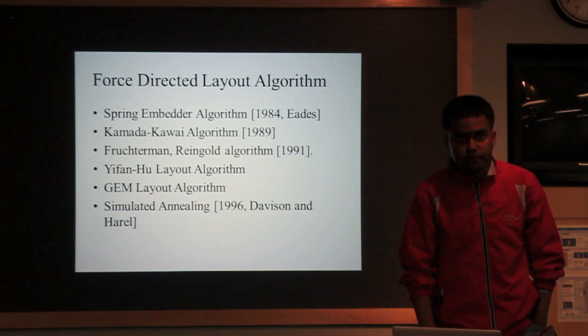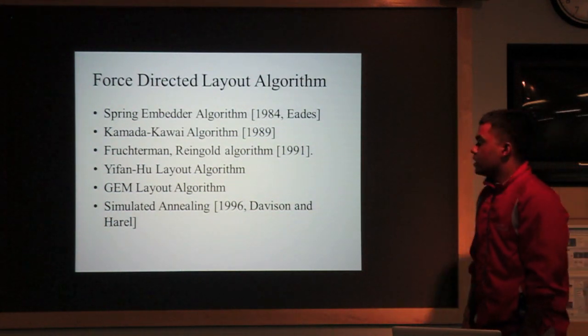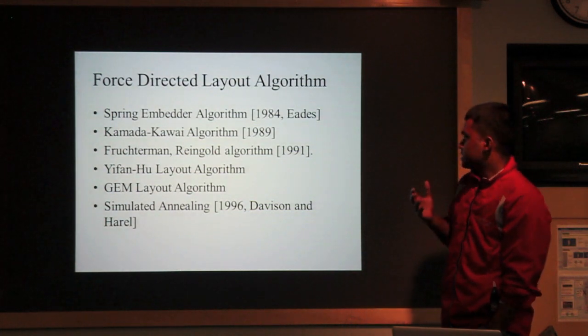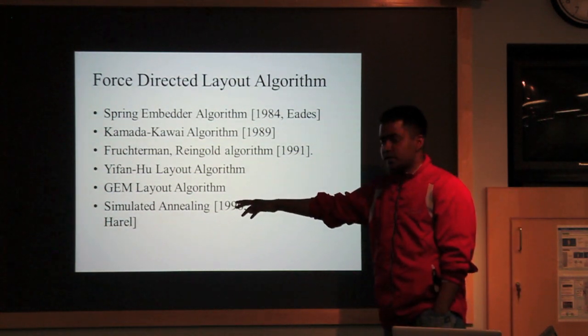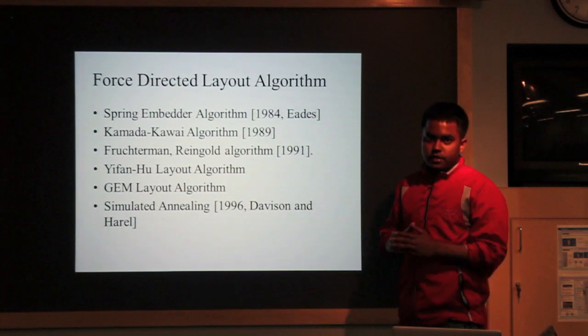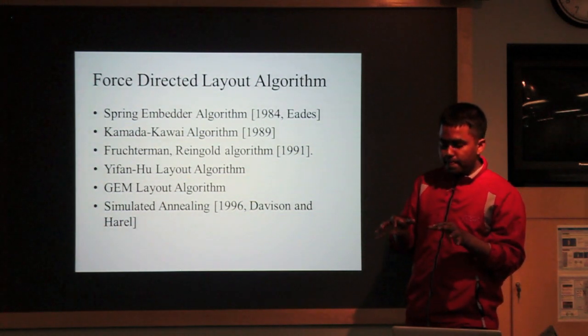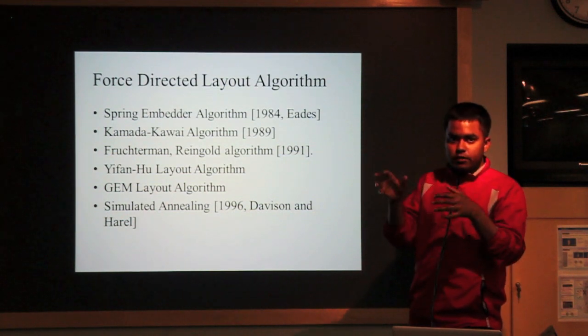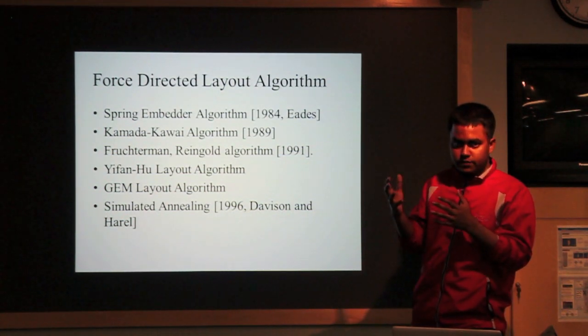So what's the difference between all of these? Is it purely computational complexity, or are there also some differences, like simulated annealing? It actually works with some threshold. You provide some threshold, it works better, then you change the threshold. So there are variations.